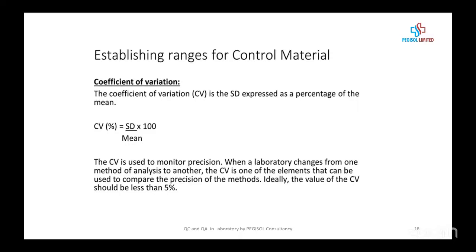So coefficient of variation, CV, is used to monitor precision. When the laboratory changes from one method of analysis to another, the CV is one of the elements that can be used to compare the precision of the methods. Ideally, the value of the CV should be less than 5, except otherwise stated for that particular test.